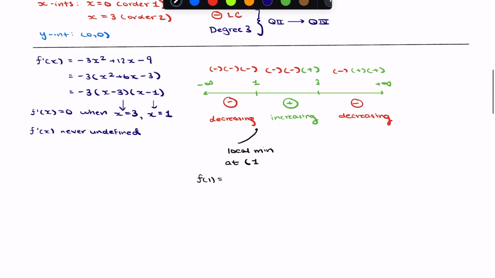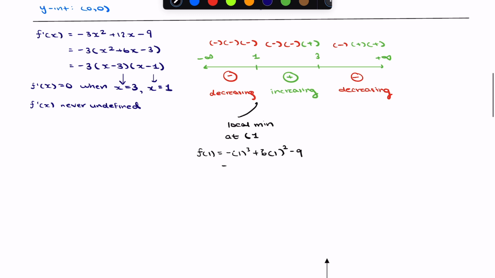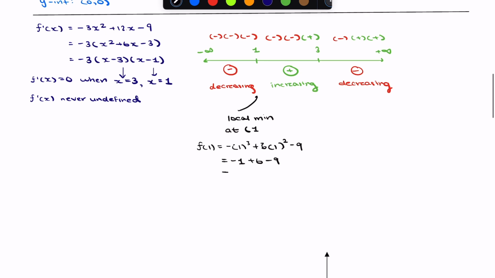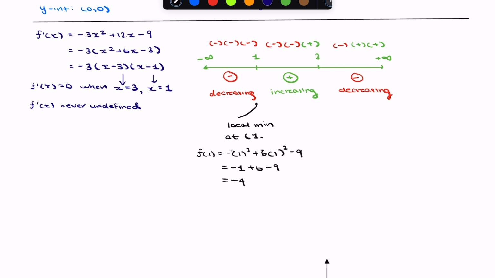So here we have f of 1 is equal to negative 1 cubed plus 6 times 1 squared minus 9. So here we'll have negative 1 plus 6 minus 9, which is equal to negative 4. So here we have a local minimum at 1 and negative 4.